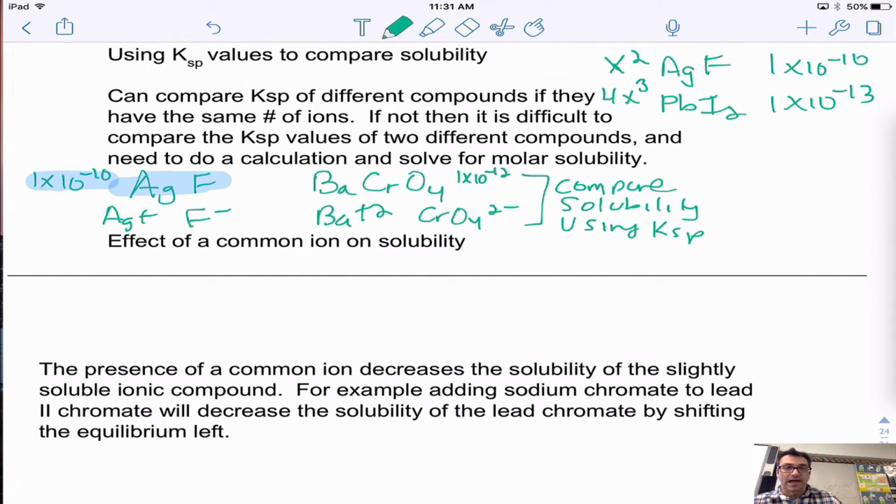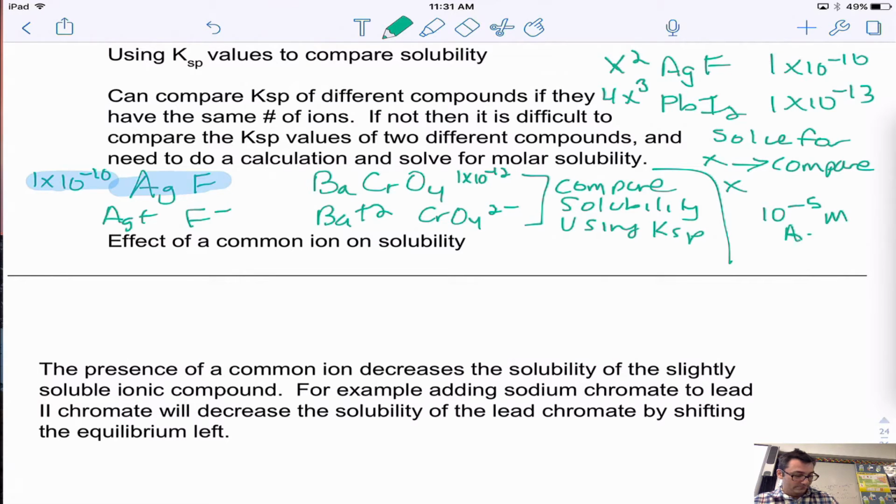Because of the different number of ions, we would need to compare them based on their molar solubility. So for the AgF and the PbI2 problem, we would actually need to solve for x. Once we solve for x, then we can compare x and see which one is going to be more soluble. So when we do this, we get 10 to the negative 5th molar for AgF as our x value.